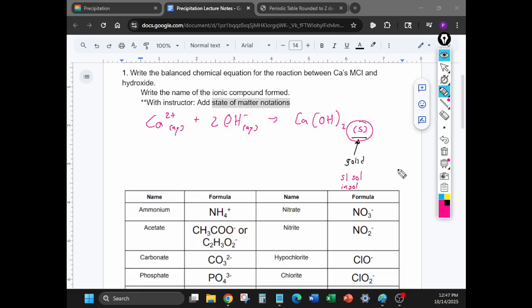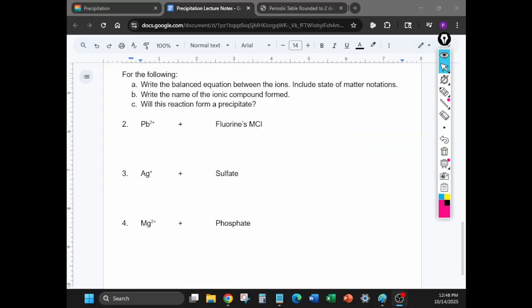Now, if it says SOL on your table, then you just write parentheses AQ, just like the other ones. We'll do a couple of practice examples, but that's pretty much all we're adding on. You just need to cross-reference the ions on the solubility table, and that should just add it onto the equation.